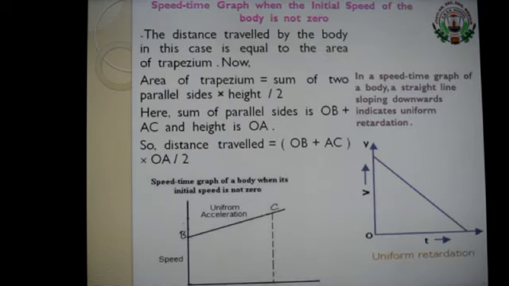Next, we will see the speed time graph when the initial speed of the body is not 0.